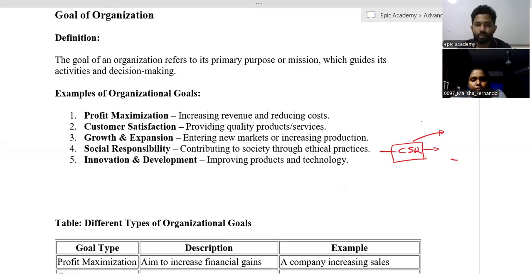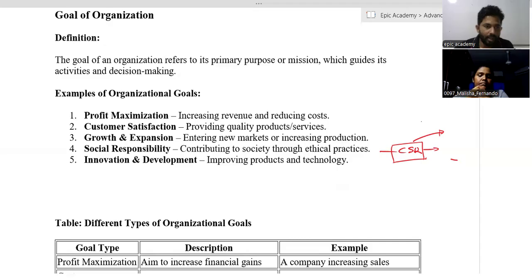That is why they do that part. We call it social responsibility. Okay. And innovations and development. You have to create new things, improving production. Technology will provide innovations, new methodologies, technology, and each and every activity, including the innovation technology. So those are the goals in here.